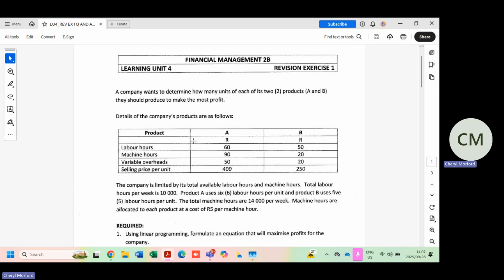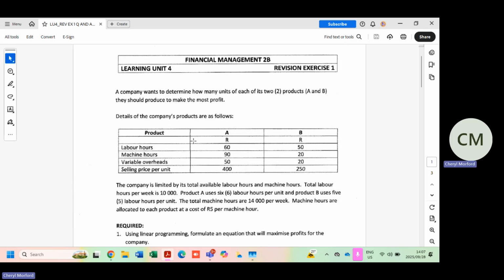So this company has two products, A and B. How many of each of them should they produce to make the most profit? So we need to design a linear programming model. And what does it contain? A few things. First of all, there's something called an objective function, which is either a profit maximizing criteria or a cost minimizing one.